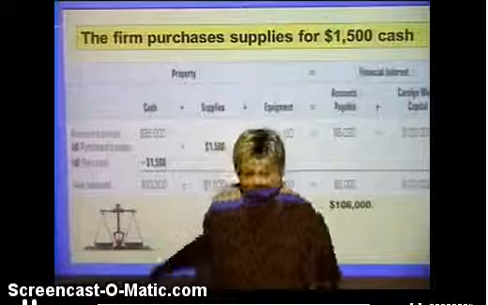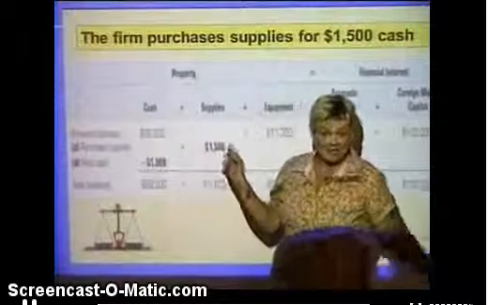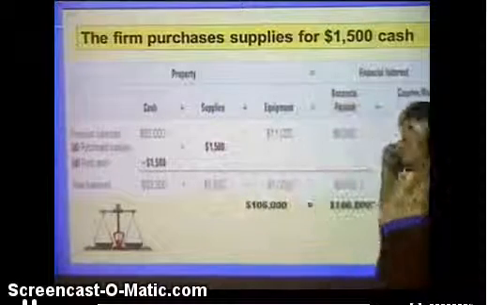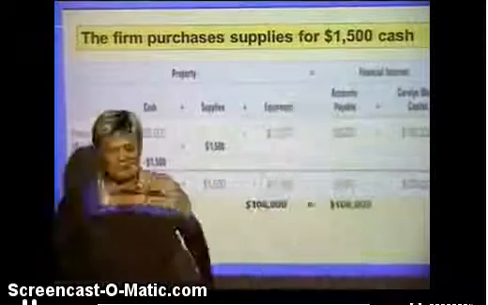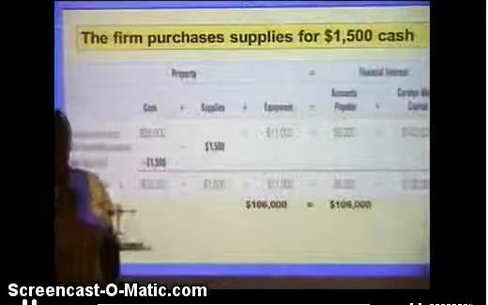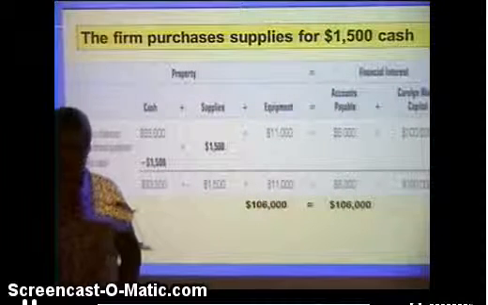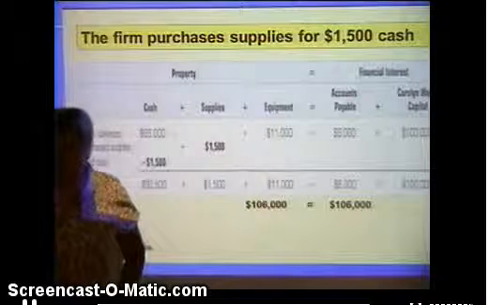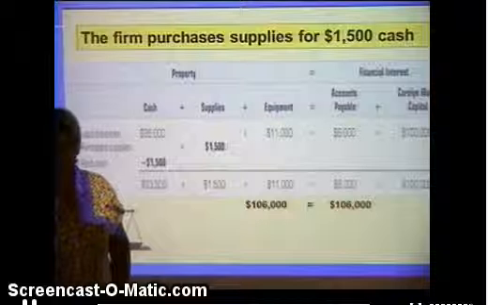We adjust the supplies account to show the correct amount at the end of the month, and then we also show it as an expense to come out of our business. So that's exactly what happens. Good question. We don't worry about that now, everybody, but that is exactly where it's going. Good thinking.